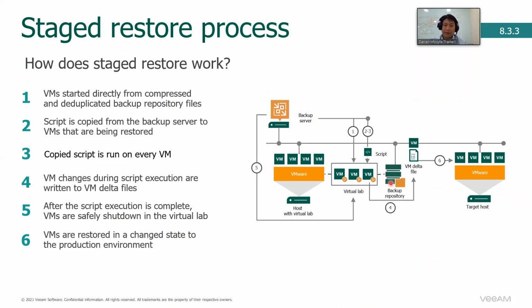So you will see here, stage restore requires the virtual lab. This is the standard SOP. What they do is boot up the virtual machine and then run the script. The script will be captured inside the delta disk as changes.